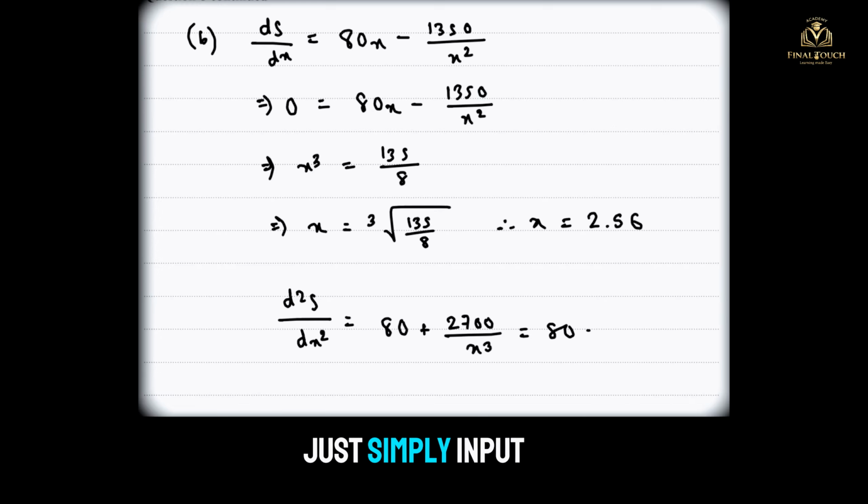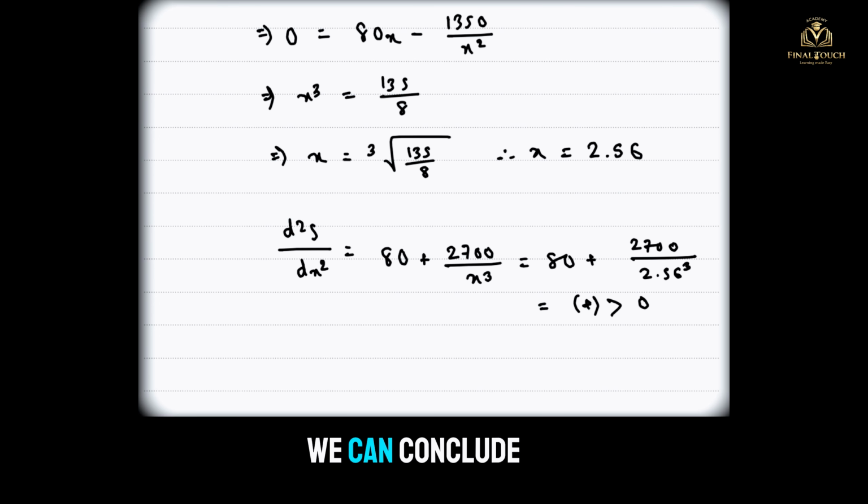Now we can simply input the value of x, which was 2.56. The answer should be a positive value, therefore greater than 0. We can conclude that, yes, it is a minimum.